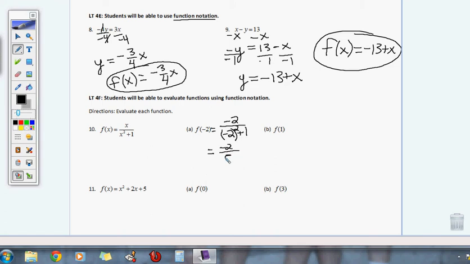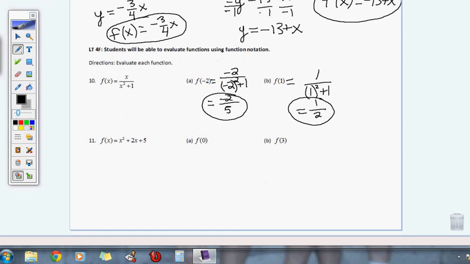And when we add 1, we get 5. So the answer to this problem is just the value -2 over 5. And then f of 1, same thing, except we put a 1 on top, we put a 1 in parentheses on the bottom and square it, we add 1. So this is going to come out to 1 on the top and 2 on the bottom. That's just going to be the answer of 1/2.